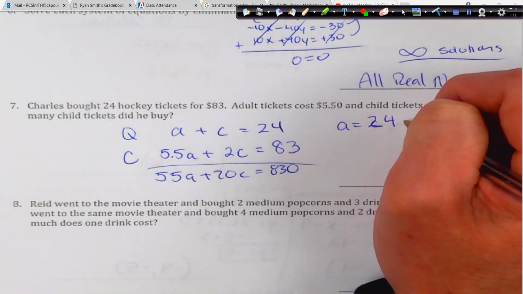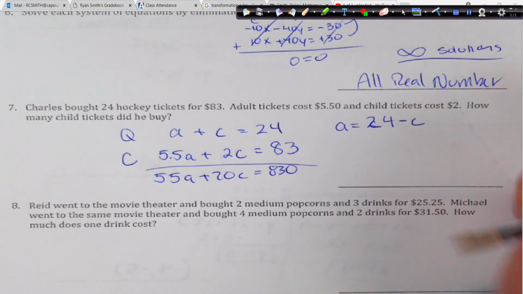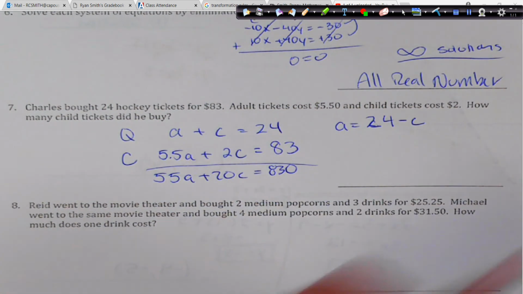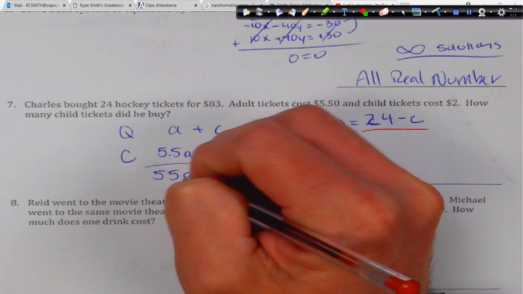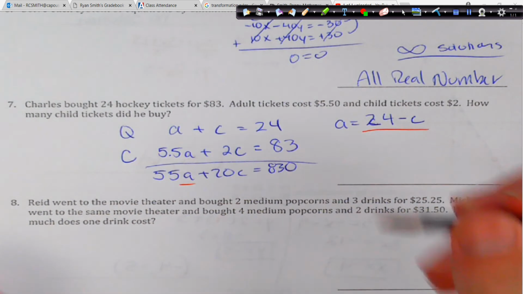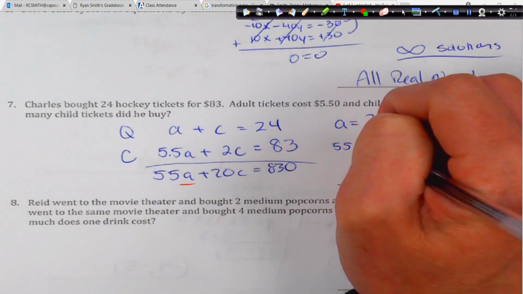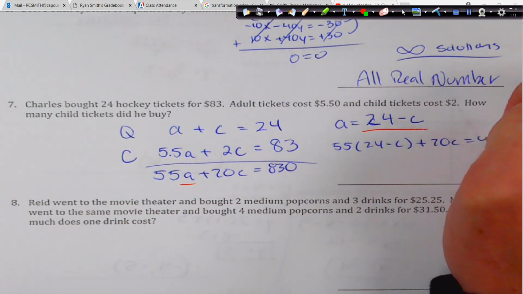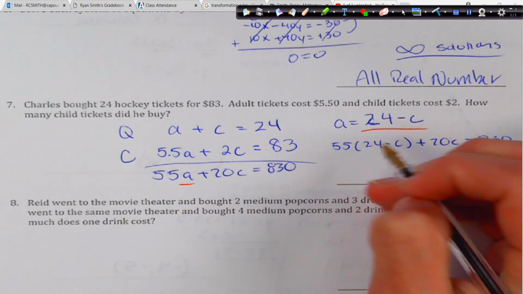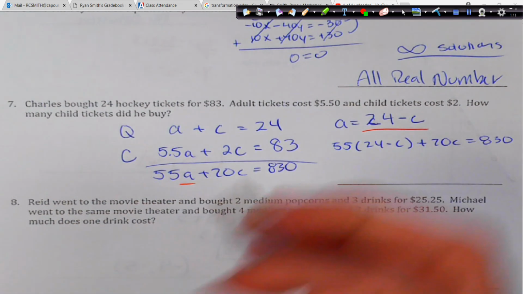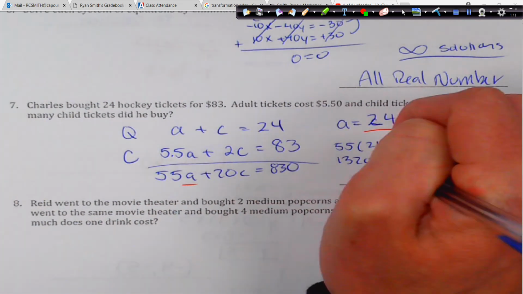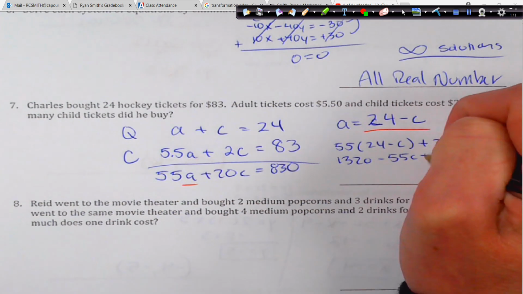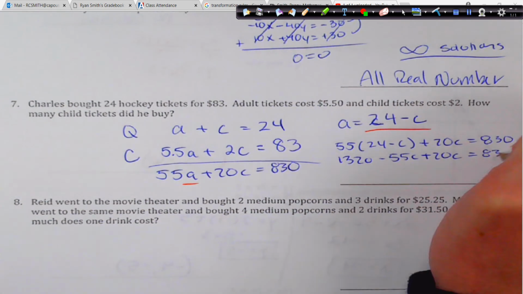24 minus C. So I'm going to take this guy right here and substitute it in for A. So we get 55 times 24 minus C plus 20C equals 830. So we get 55 times 24, that's 1320, minus 55C plus 20C equals 830.